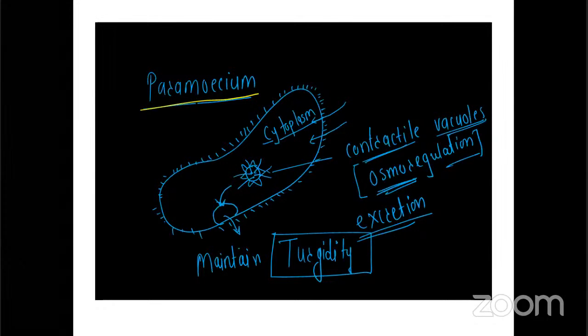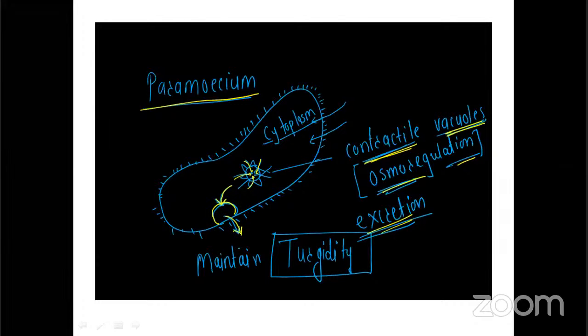Organisms like paramecium have the contractile vacuoles for the process of excretion and osmoregulation. In the process of osmoregulation, these vacuoles called contractile vacuoles absorb excess of water that is present in the cell cytoplasm, and this water is excreted out or released out by fusion of these contractile vacuoles with the cell membrane.